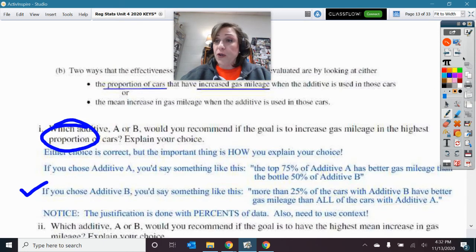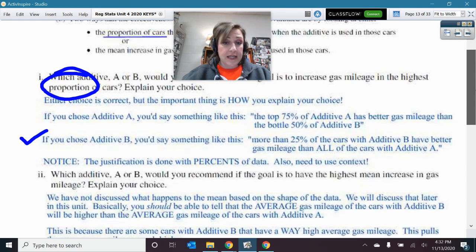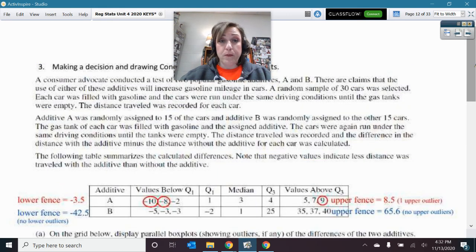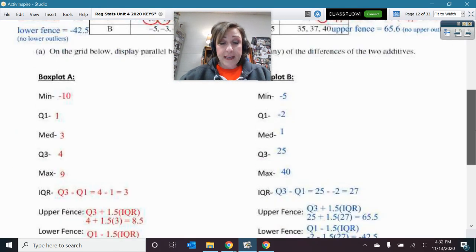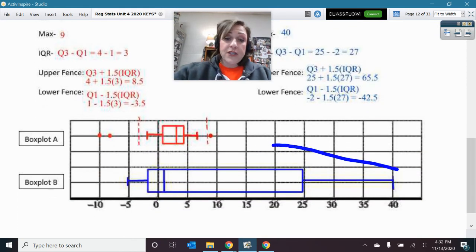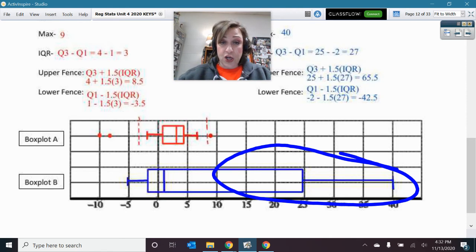Now, part 2 wants to know if your criteria is based on the one that has the highest average, then which one would you choose, additive A or additive B? Well, I think that it's easy. You understand by now that when you have so many upper values here, you are pulling that average up.